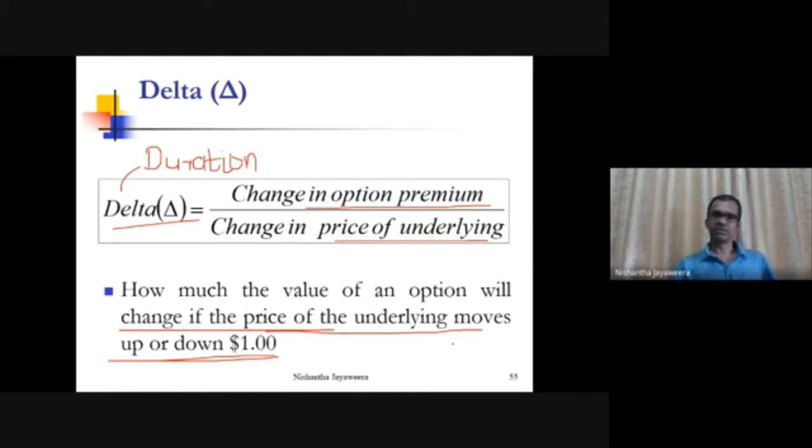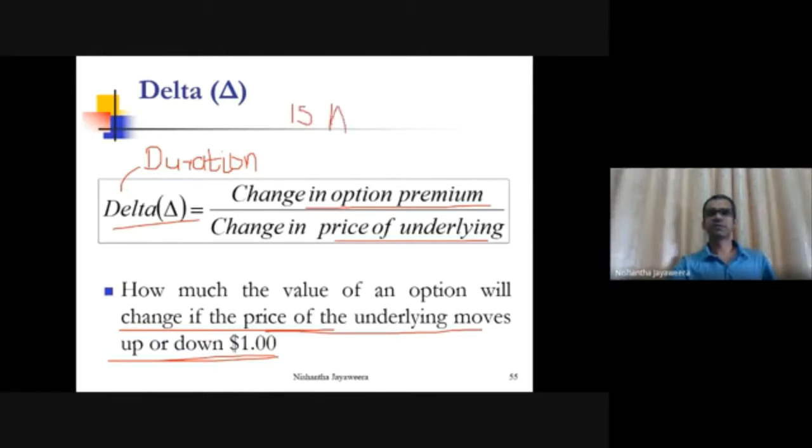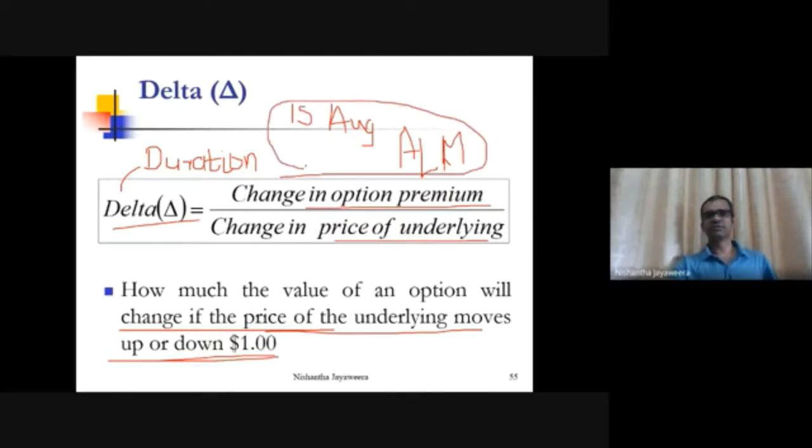And from 15th August onwards, again, Perry will take over the class and cover ALM, asset liability management. Before that, I want to cover interest rate.